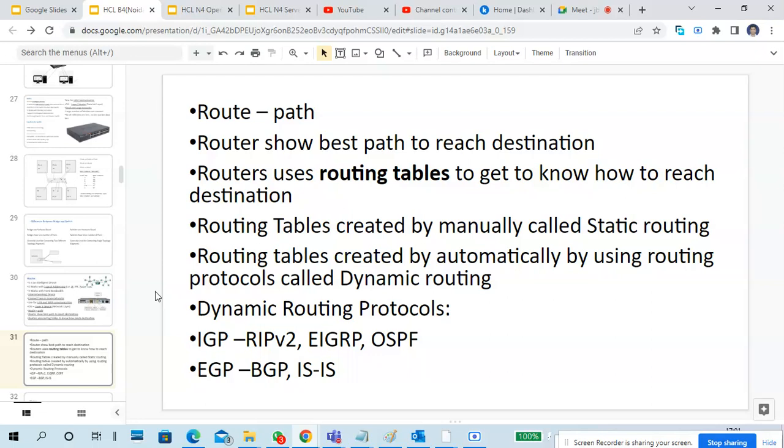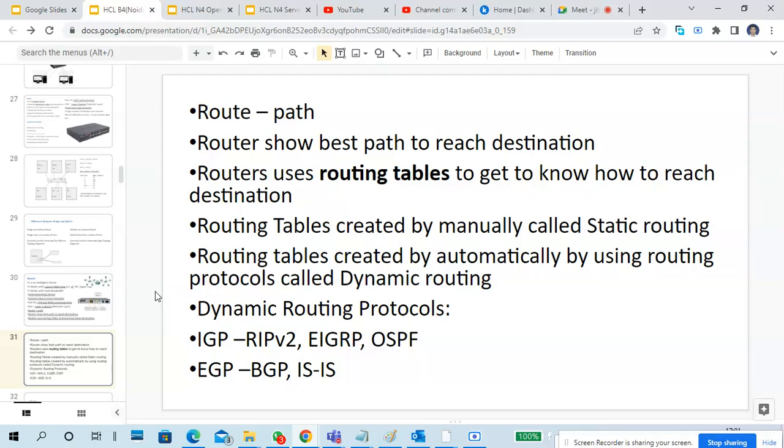Okay, so what is dynamic routing? Dynamic routing means we implement routing protocols on the routers. Using these routing protocols, routing tables will be created automatically. These paths are created automatically in the router using these protocols.